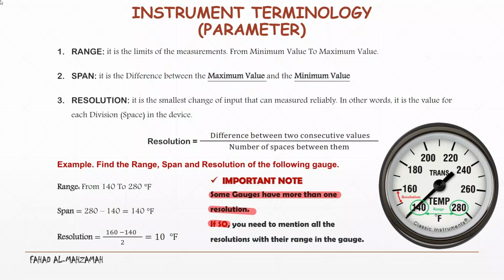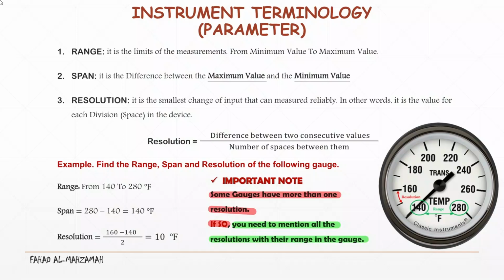If so, it means that if there is a gauge that has more than one resolution, you need to mention and solve for all the resolutions with their range in the gauge. What does it mean?